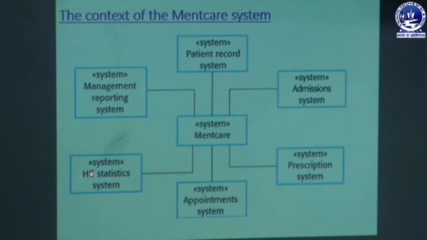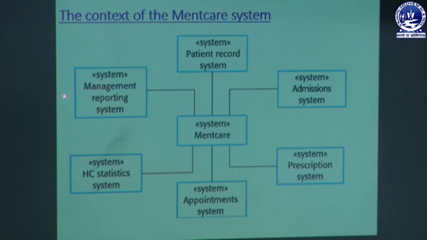All that statistics can be obtained by using this health care statistics system. And the last one is the management reporting system. That means all the patients' attendance, the doctors' and the staff's attendance, and how many days the mental health care has been open. All these management-related reports can be generated by using the management reporting system.